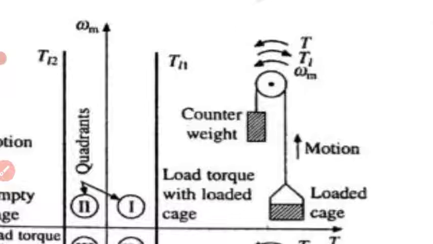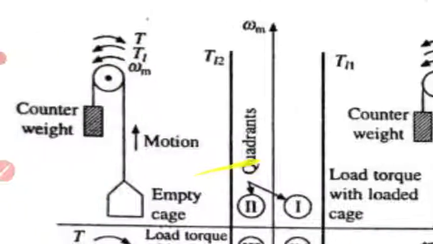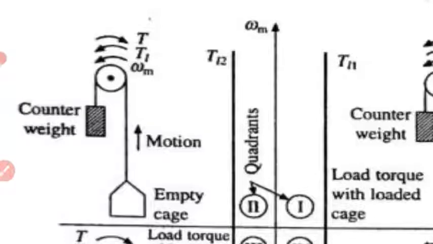Second quadrant: the empty cage is taken up, which means the motion is upward.